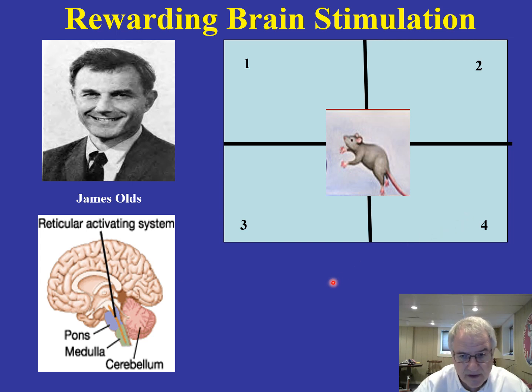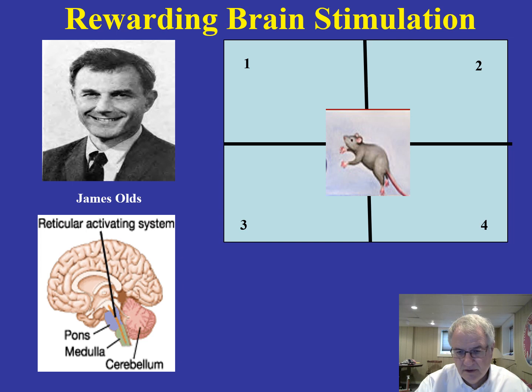And what they found was that instead of it going into the reticular activating system, they had made a mistake, and it instead went into a part of the brain called the medial forebrain bundle. That we now know is the reward center of the brain, the reinforcement center of the brain. Let's take a look now at how Olds and Milner now pursued this very interesting finding.